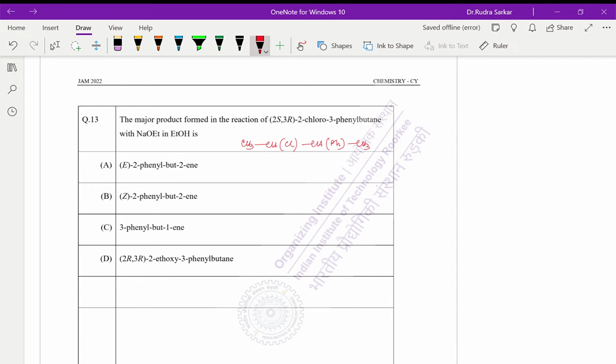So you draw the straight line. Sometimes it's very difficult to get the straight line.